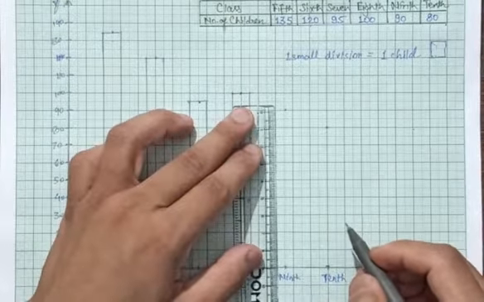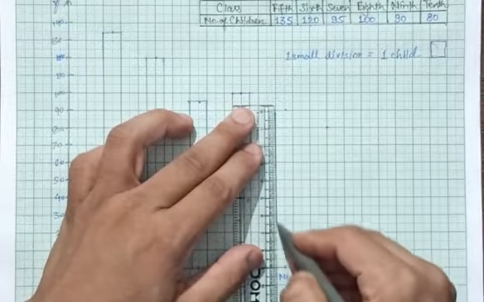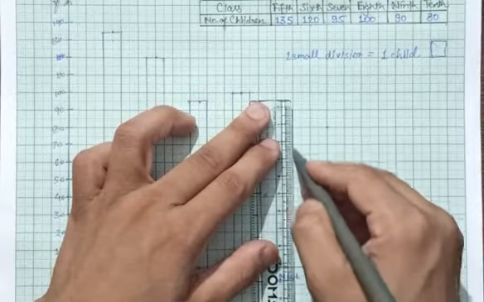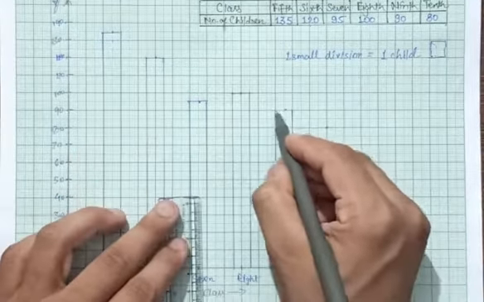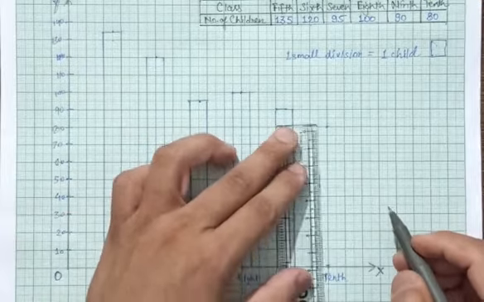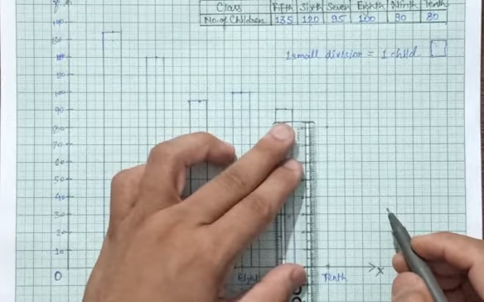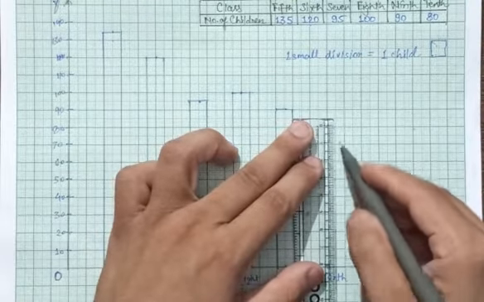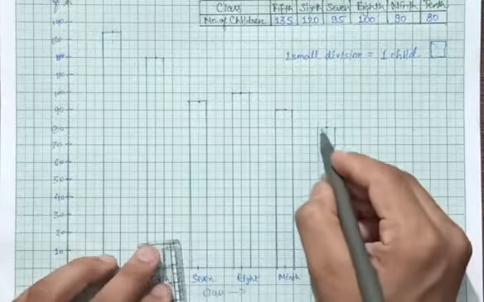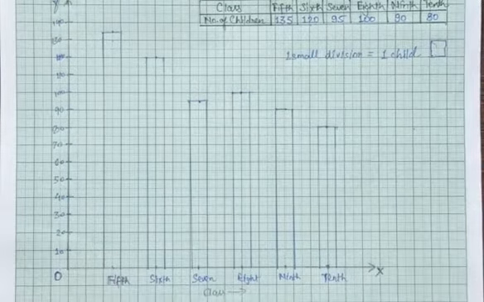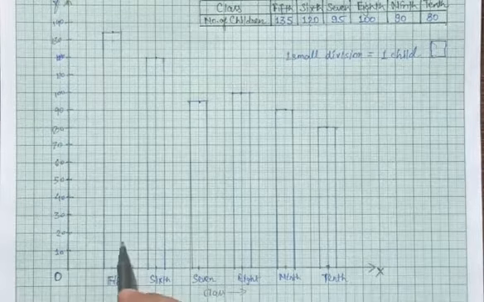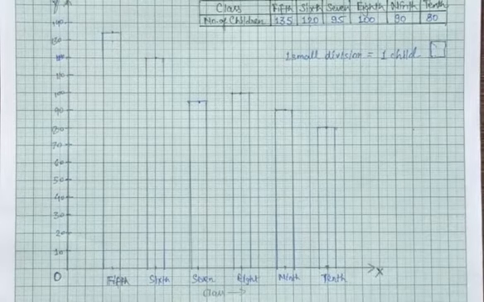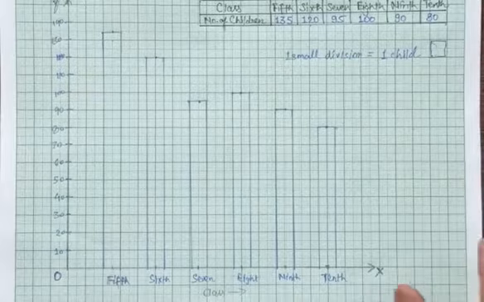Class 9. The bar for class 9, and finally class 10. Now students, you can see that each bar has the same width and spacing between them is also the same. So this is our corresponding bar graph for this given data.